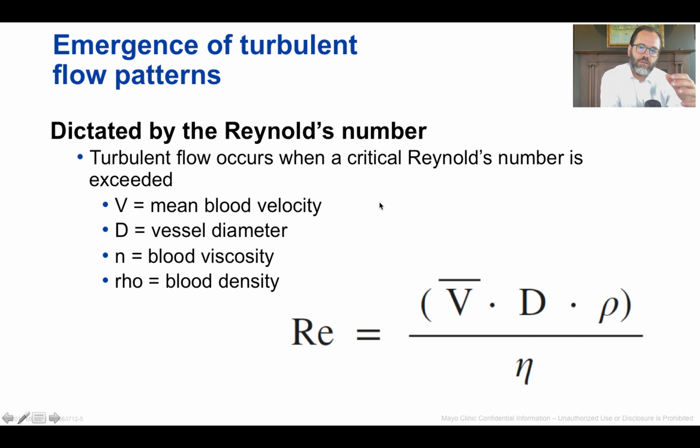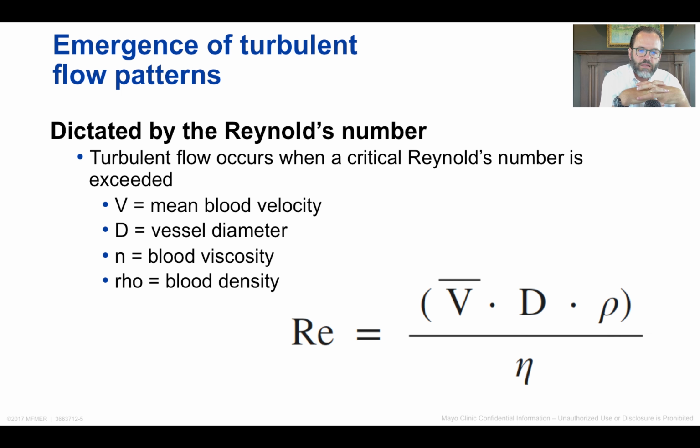Similarly, when we reduce vessel diameter and increase blood flow, that puts us at risk of turbulent blood flow patterns. Generally that doesn't happen for very long periods of time in normal conditions.